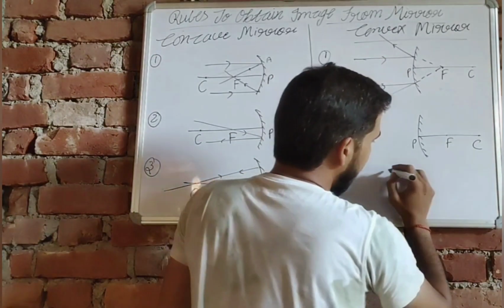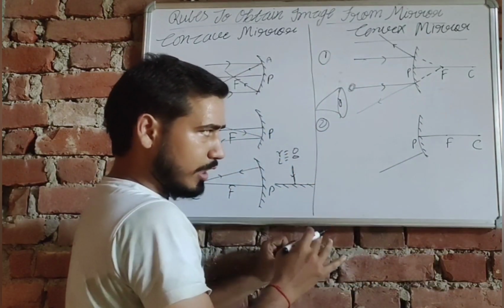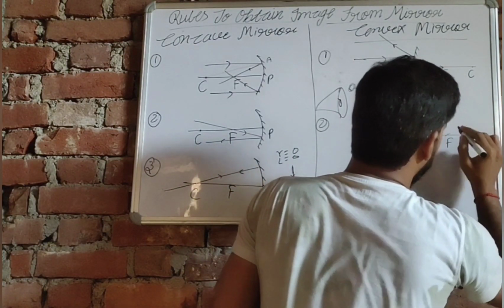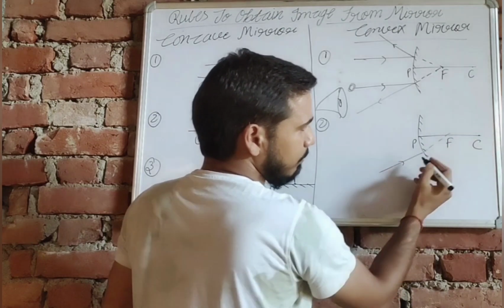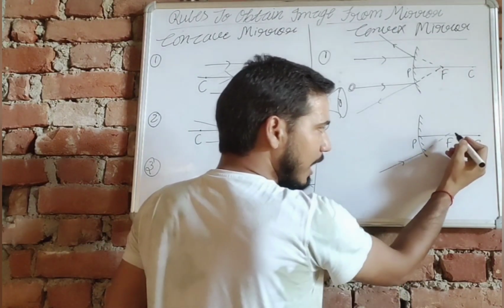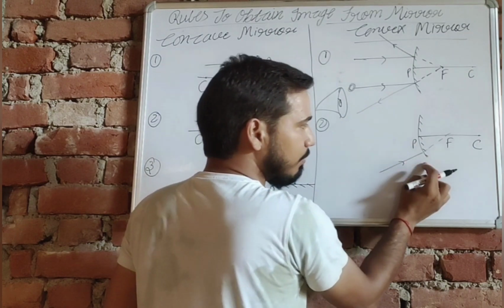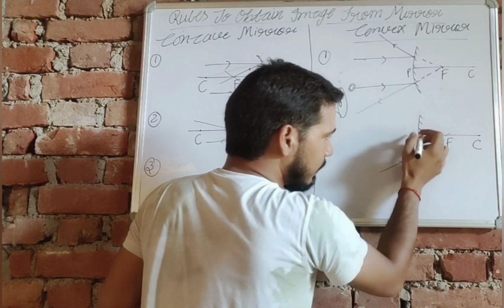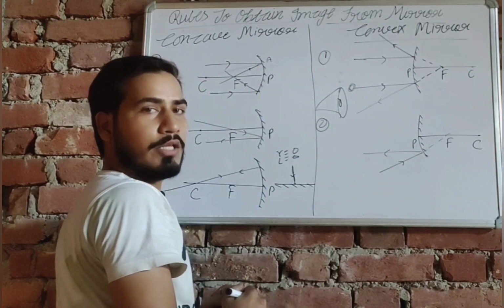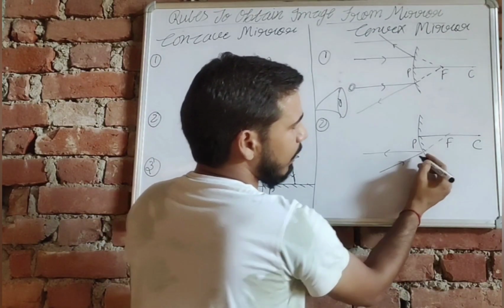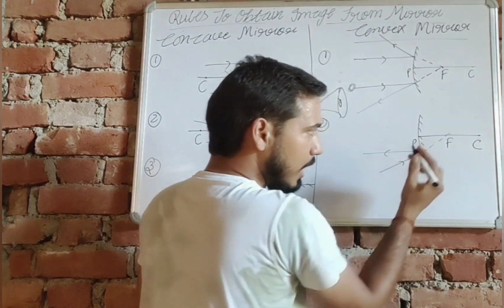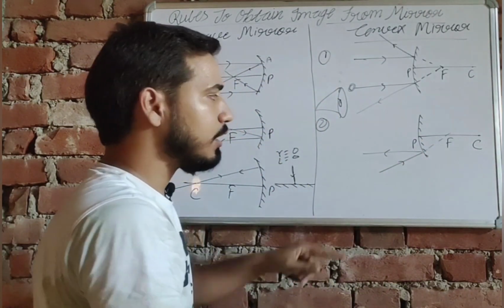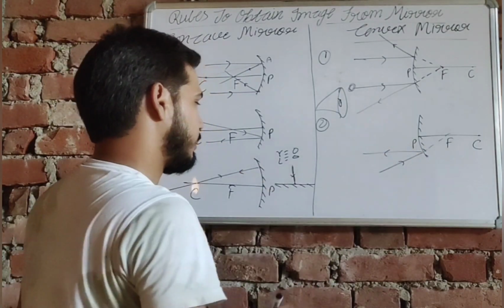You will say that if any ray falling on the mirror seems to pass through the focus of the mirror, meaning if you extend the path of this light, and you get that if we are not considering the mirror, then this light must pass through F, then in that case after reflection from the mirror it becomes parallel to the principal axis. Means a ray of light falling upon the convex mirror and seeming to pass through F, after reflection from the convex mirror becomes parallel to the principal axis.